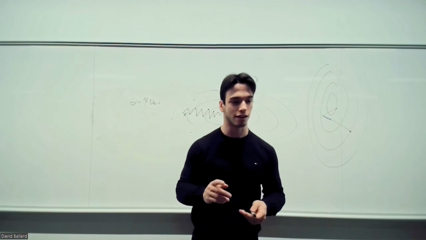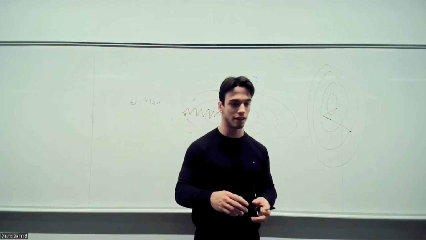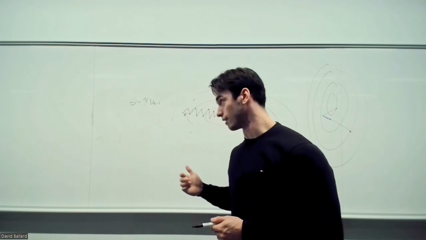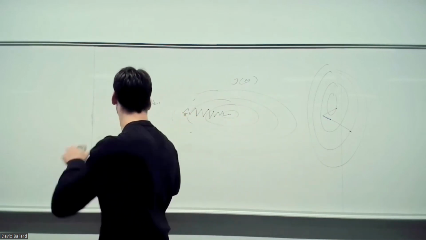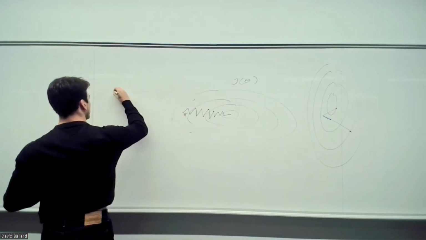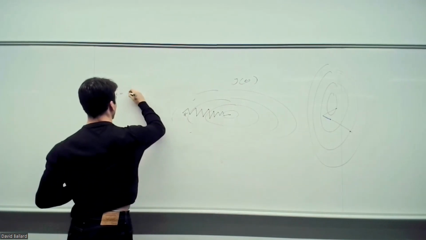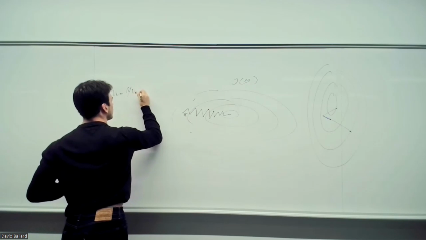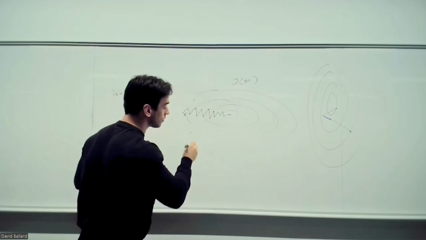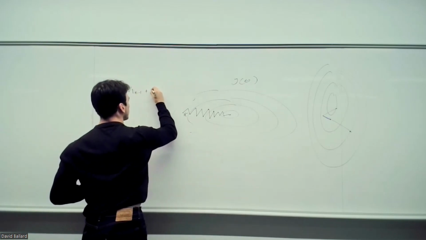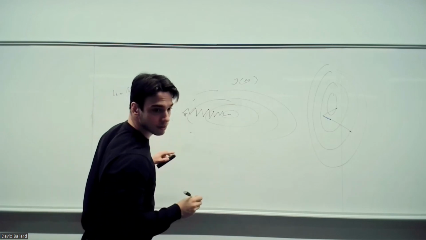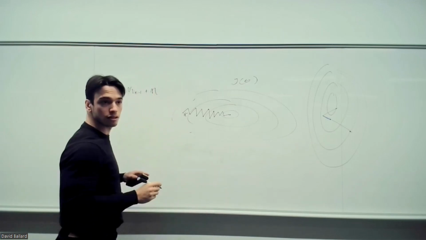The Nesterov accelerated gradient algorithm can be expressed like this. v of t is equal to gamma v of t minus 1 plus the gradient of J of theta. Can you guys see? It's good?